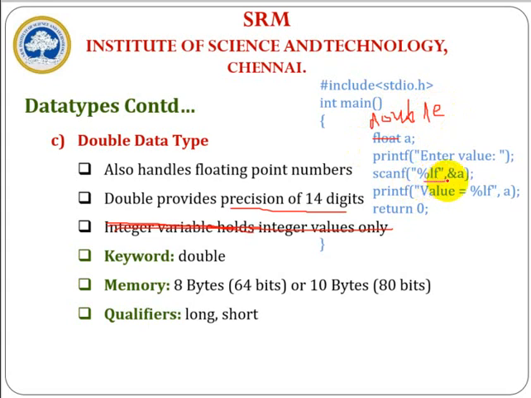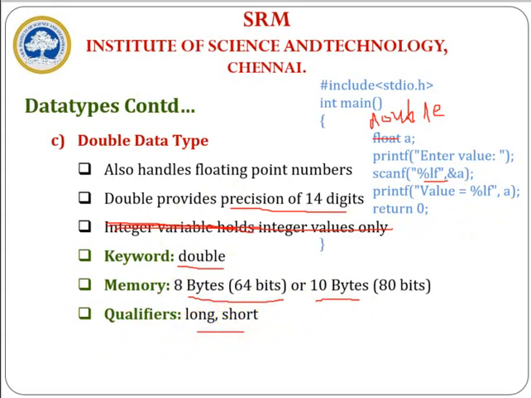Then during the scanf statement, instead of f, I give percentage lf, and the rest is the same as float. The keyword is double, and it can handle 8 bytes. If you go for a long double, then it can go for 10 bytes. Also, based on the qualifiers, it can shrink or extend.